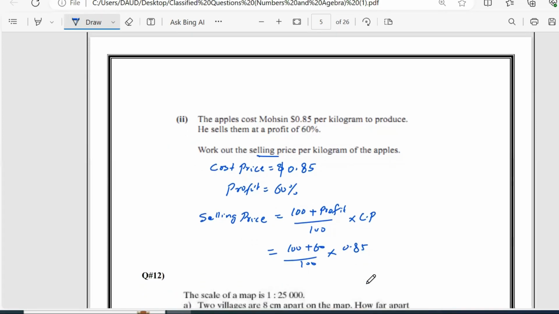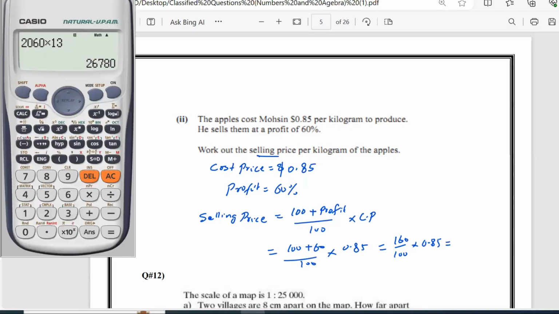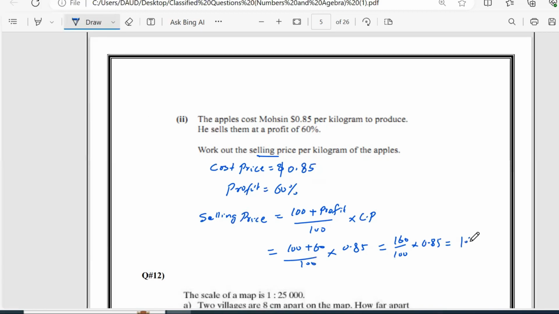In the next step, 160 over 100 multiplied by 0.85 gives me 1.36. So 1.36 is the selling price per kilogram, in dollars per kg.